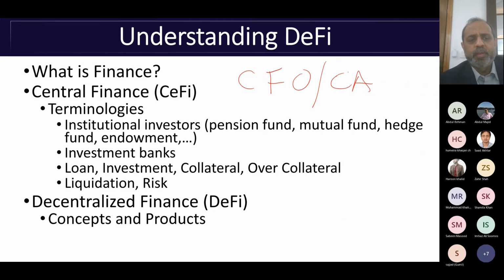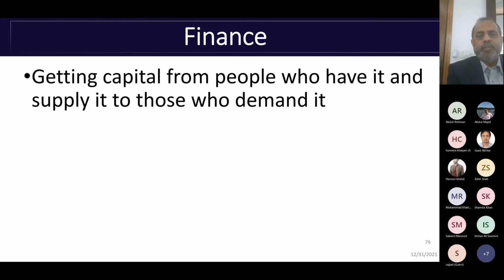Unless we understand this, it'll be hard for us to understand what decentralized finance is. और फिर we will start appreciating कि अच्छा ये होता है, और concepts, और उसमें फिर क्या आपके products हैं.